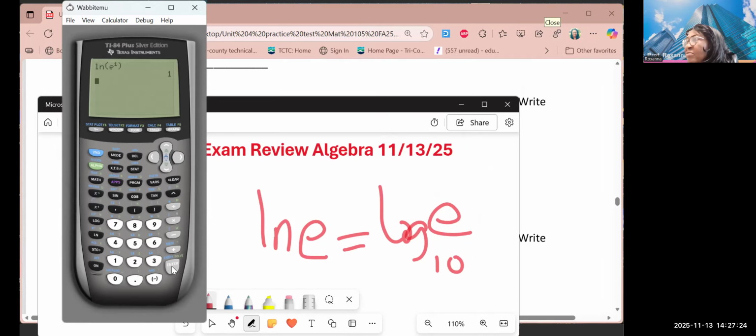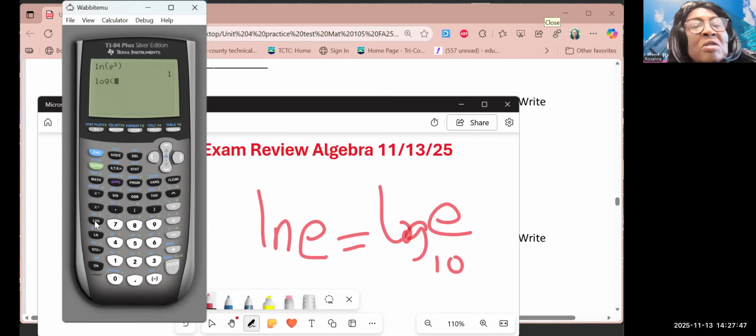Let's also investigate what is log E. If I put log here now, it means log E to base 10, right? Because my calculator does not know any other base for common logarithm.